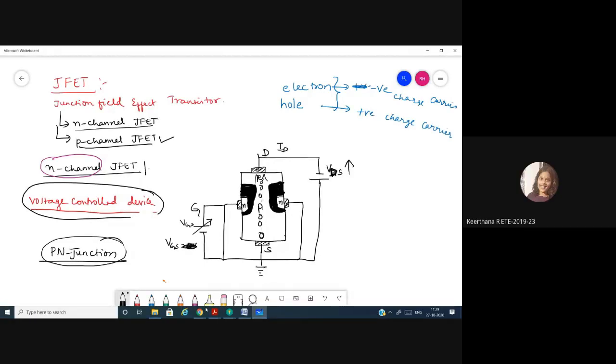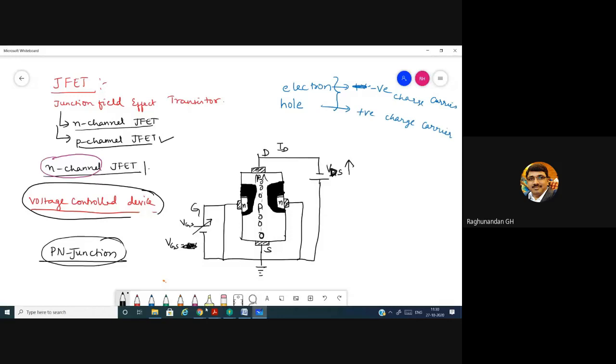By controlling the VGS voltage, we can reduce the flow of current in the JFET. Yes. And Kirtana, can you tell me why I have written the depletion layer more towards this side compared to this? There is some voltage polarity applied across the drain, and the source is grounded.